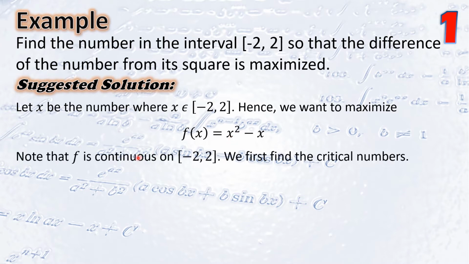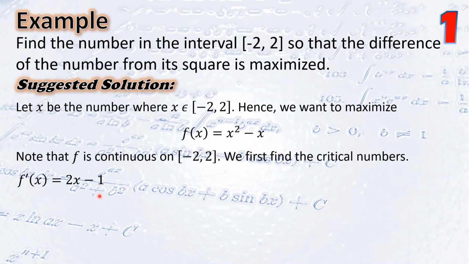Note that the function f is continuous on the interval -2, 2. From the extreme value theorem, we find first the critical numbers of f in the closed interval -2, 2. The derivative of f of x is equal to x squared minus x is f prime of x equals 2x minus 1. 2x is the derivative of x squared and -1 is the derivative of -x.